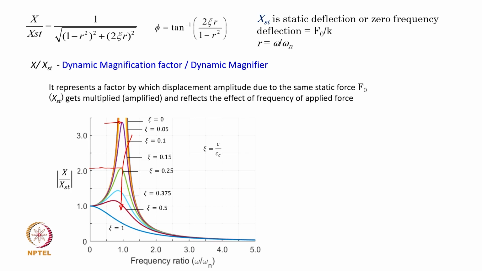So, as you may all be aware, if I want to negotiate crossing through resonance for a vibratory system, then a larger damping will definitely be very helpful.